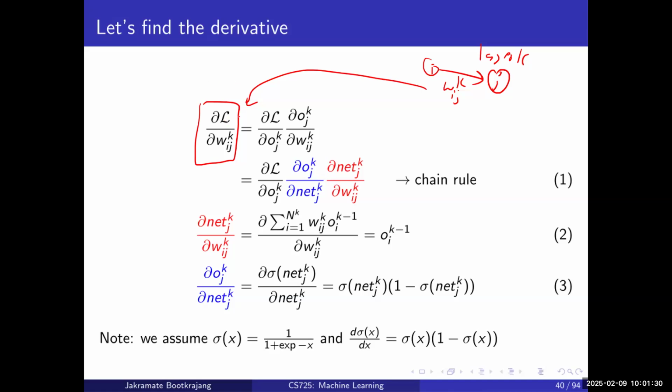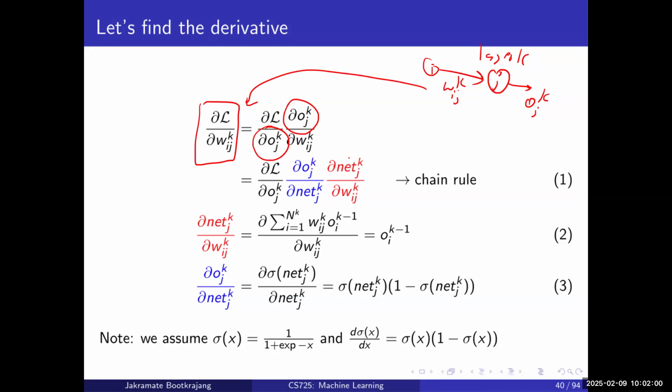And so to compute this, we just introduce an intermediate variable. This O_jk is basically the output of node j in layer k. And for this output, we do another chain rule.